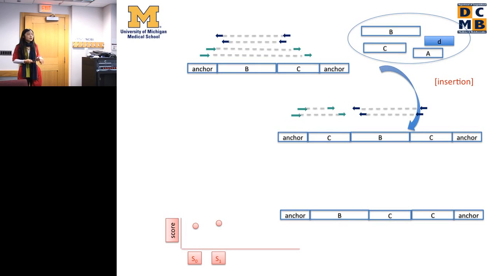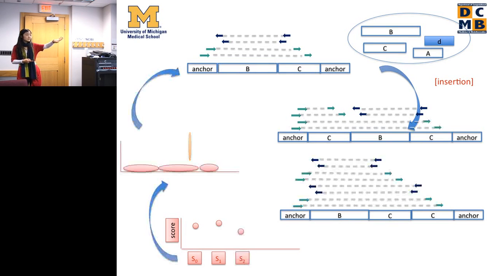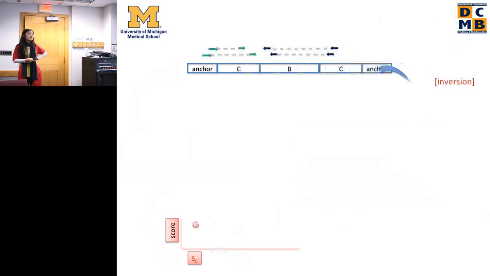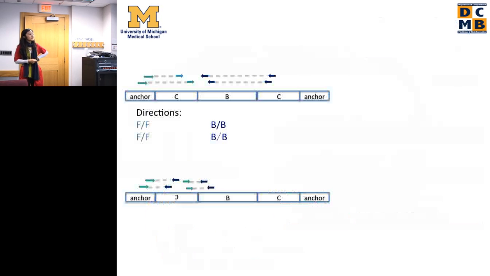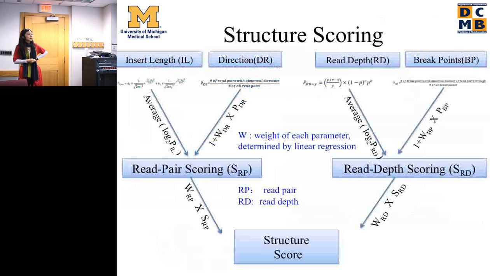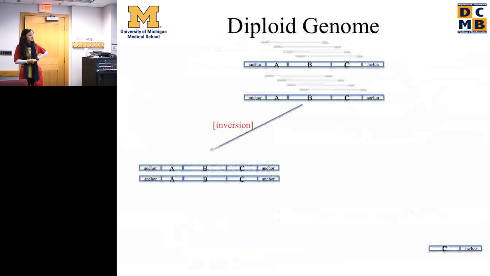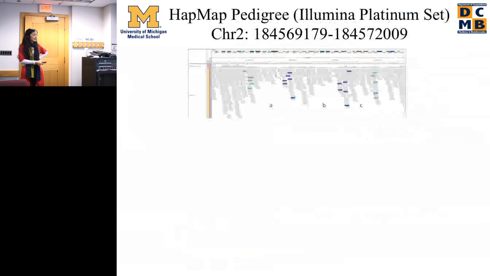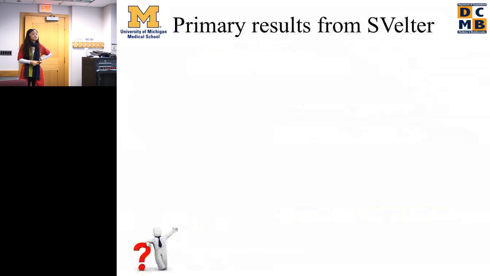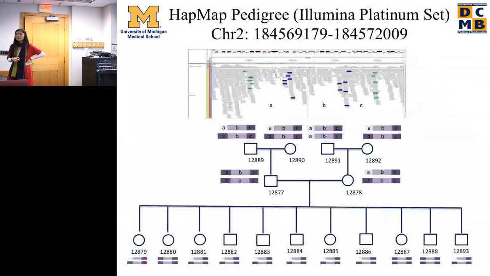For the later step, the iteration step, we've tried the iterations on this pedigree. We have 3 cases on chromosomes 2, 3, and 7. This is a case on chromosome 2.